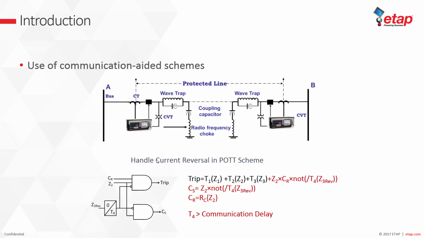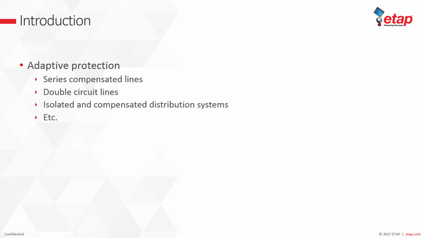Most of today's high voltage transmission lines incorporate one way of communication-aided schemes to reduce trip time as well as increase the reliability of the protection system. Some relays provide built-in functions to take care of required logic, and some leave it to the user to develop their own logic. This also adds to the size and complexity of relay scheme logic.